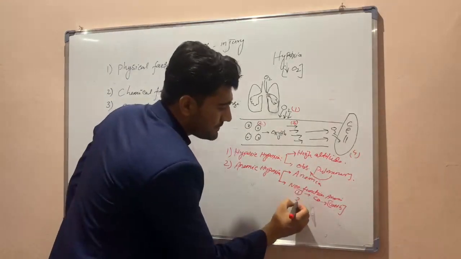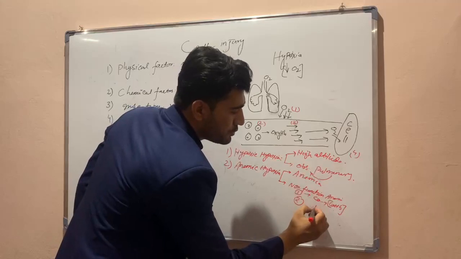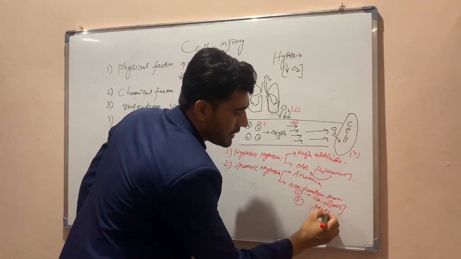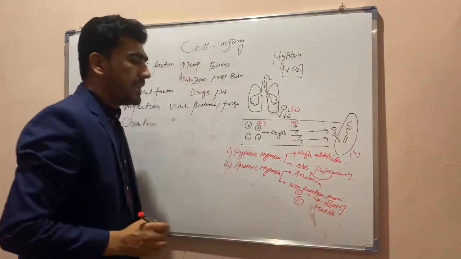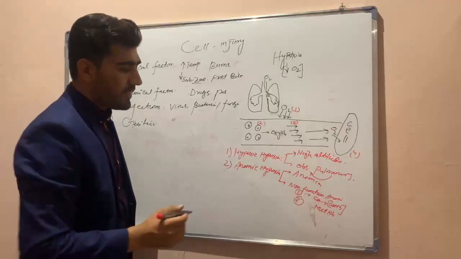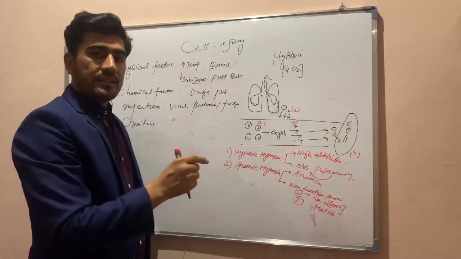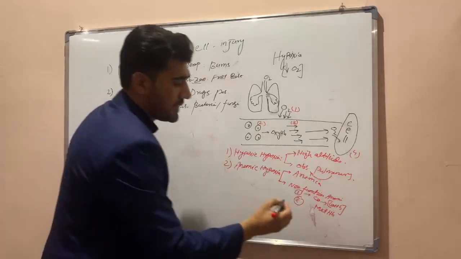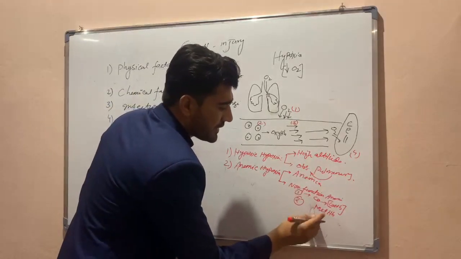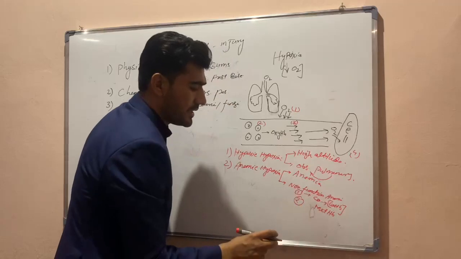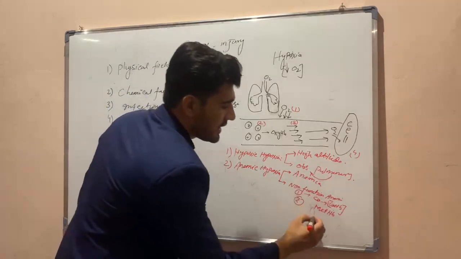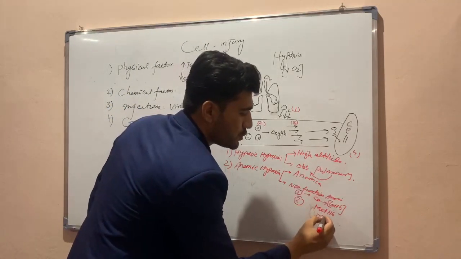And number two, methemoglobin, which means the iron level becomes altered in the blood. For example, the normal iron is Fe2.